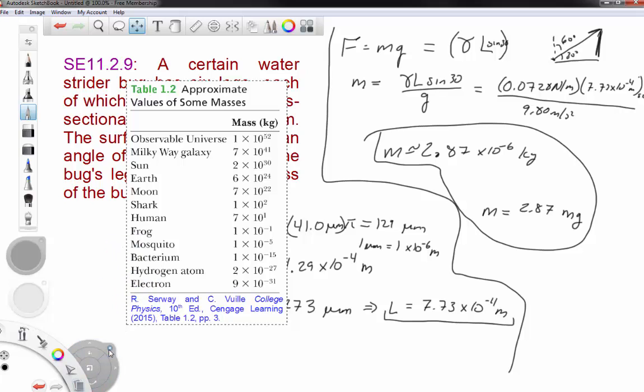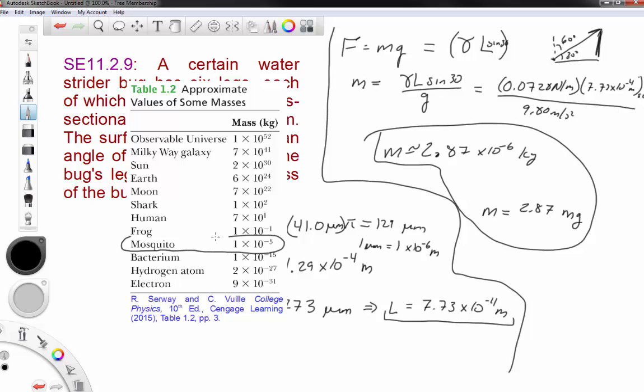I bring that up because a common table included in many physics textbooks is one that gives approximate order of magnitude masses of a variety of things. And the one that I'm specifically interested in here is that this one gives the mass order of magnitude of a bug, and it's 1 times 10 to the minus 5, which would be equivalent in this scale to 10 milligrams.